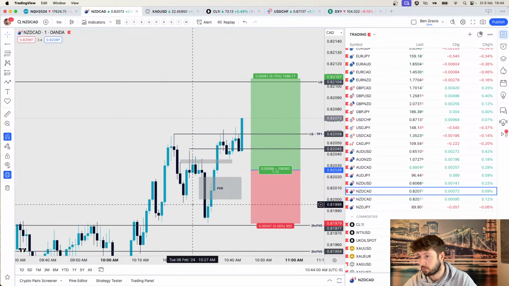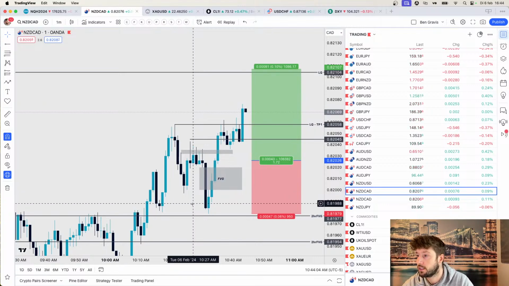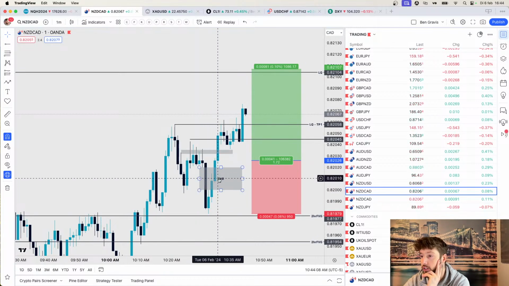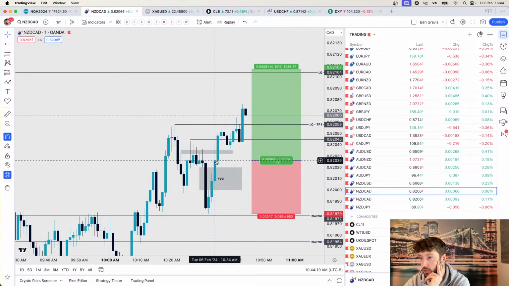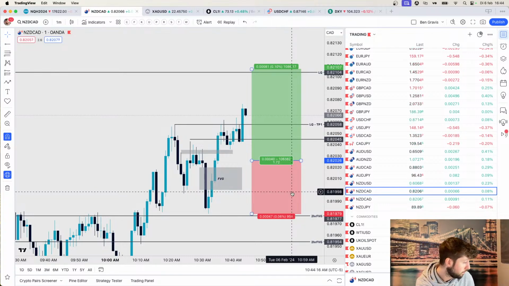There we go. So you see how it works. Bias is very important though. But then you have the singular fair value gap. It closed, and then first target, second target, and then potentially the third target. It depends if you're bullish.